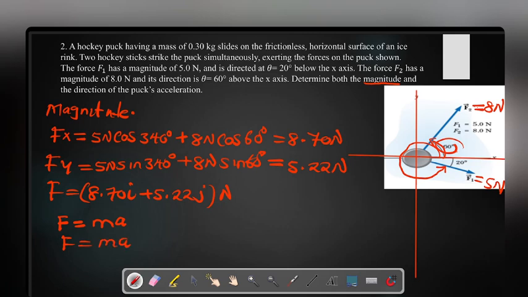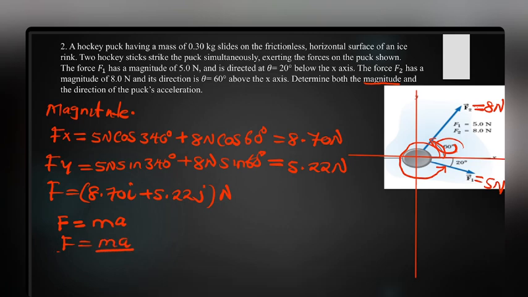So we divide throughout by the mass, and we get that the acceleration is just the force over the mass, because we're looking for the acceleration.